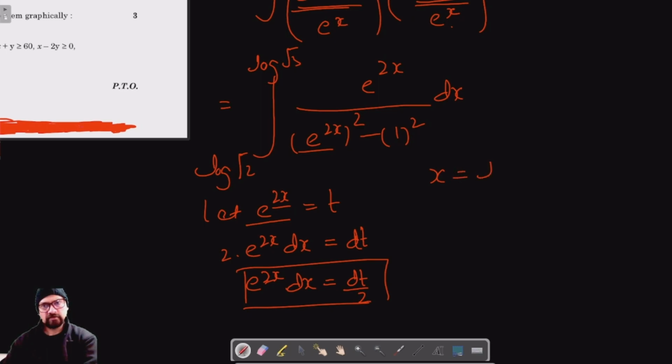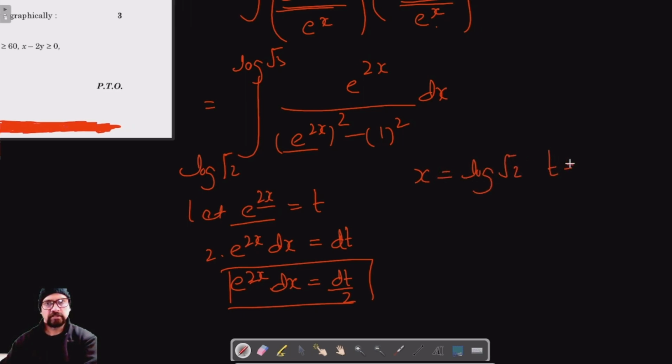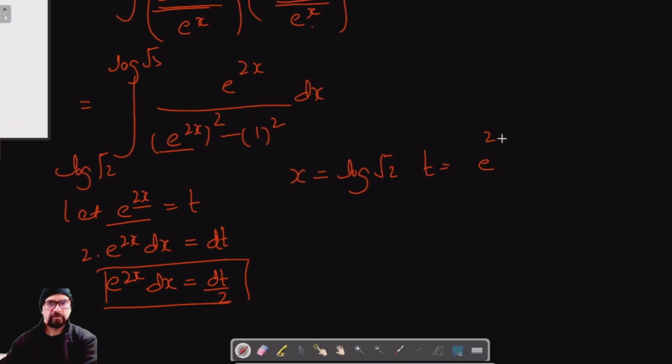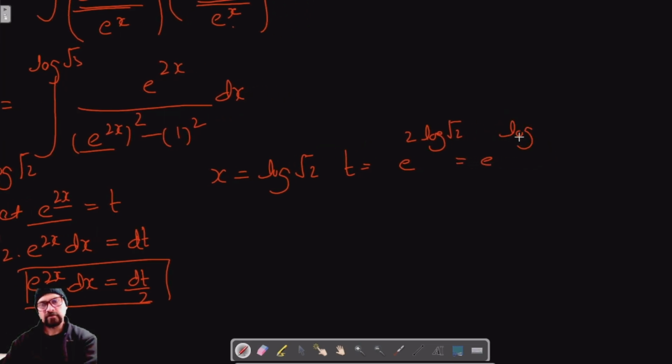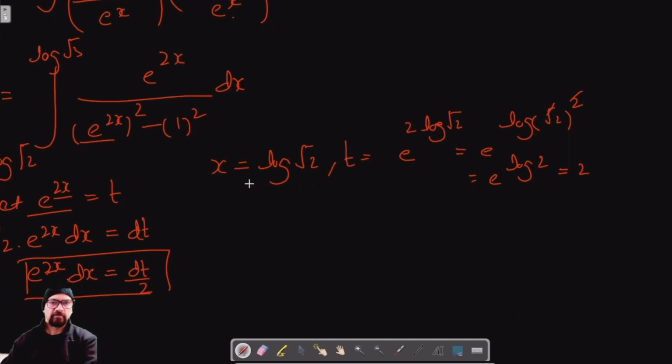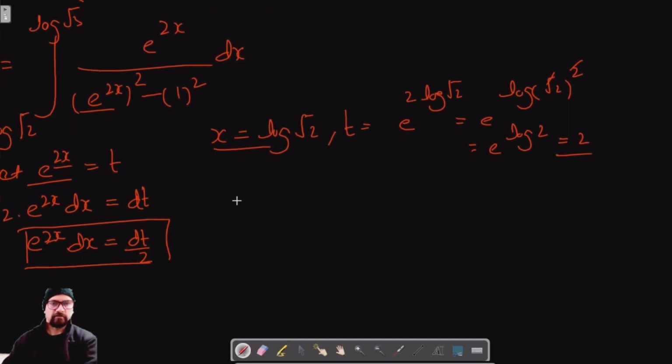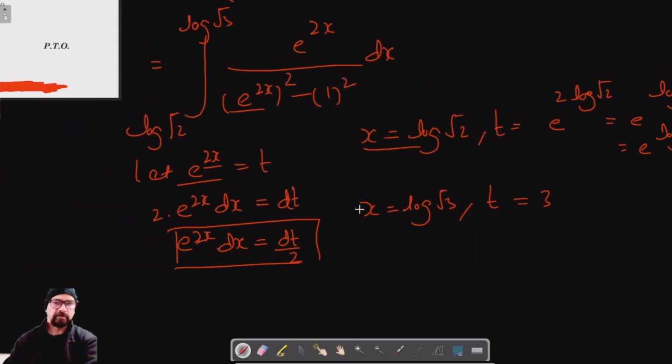When x is equal to log root 2, t is equal to e raised power 2 log root 2, which is e raised power log 2, equal to 2. Similarly, when x is equal to log root 3, t is equal to 3.